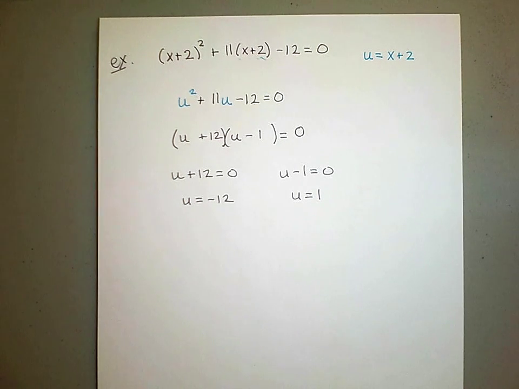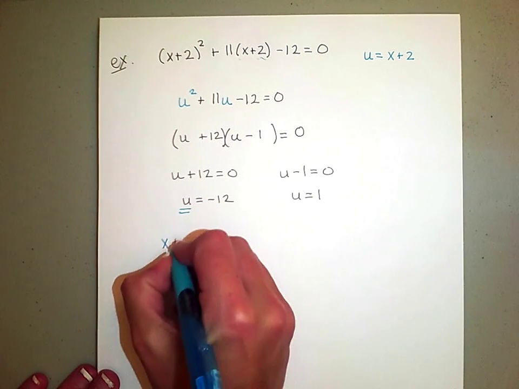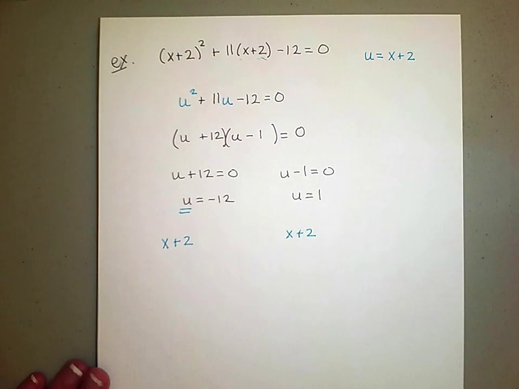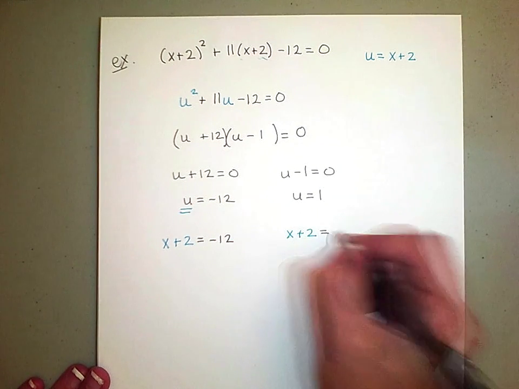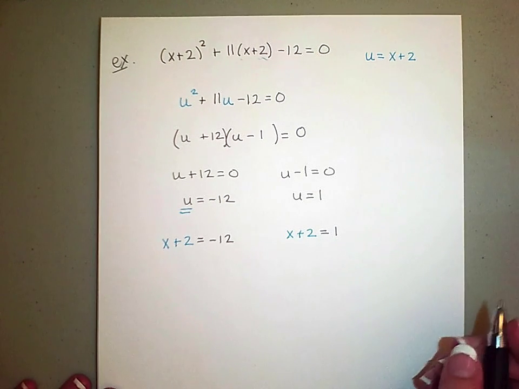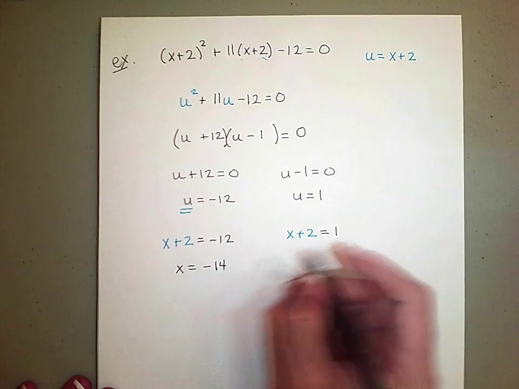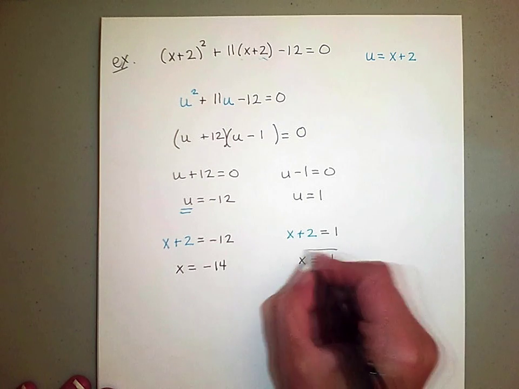And so we've solved for u, but that wasn't our goal. The goal was to solve for x. That's okay. u is equal to x plus 2. So really it's that x plus 2 equals negative 12, or x plus 2 equals 1. So it's either that x is equal to negative 14, or x is equal to negative 1.